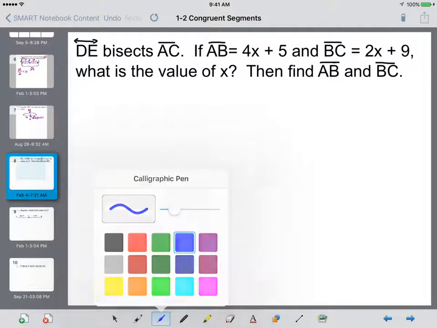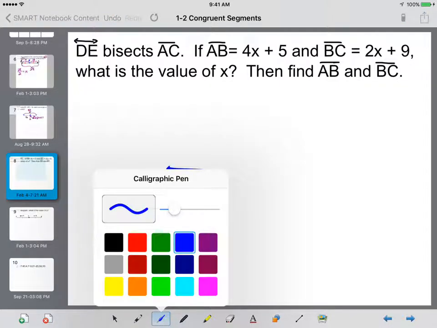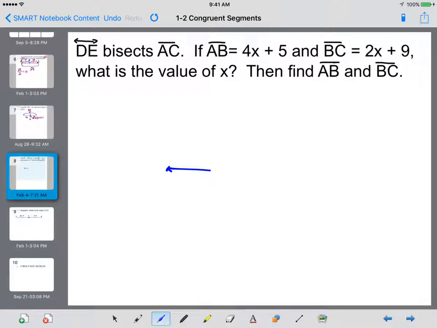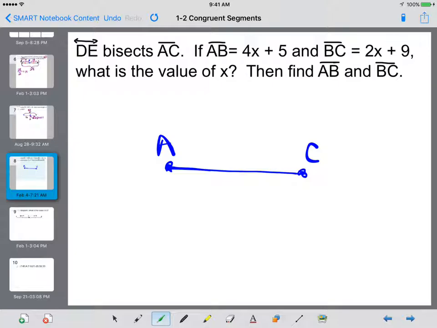Here we don't have a diagram, so we'll have to draw our own diagram. It says line DE bisects segment AC. So we need to draw segment AC. Oh, pen's acting up on me. Here is segment AC, and it says that line DE bisects it.